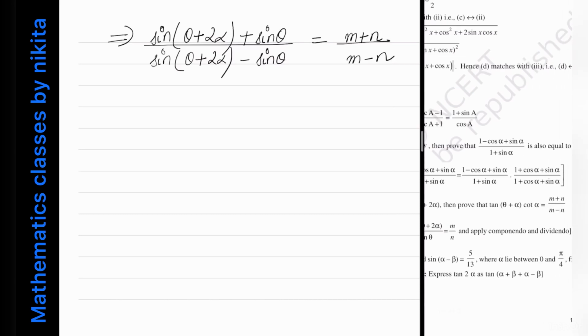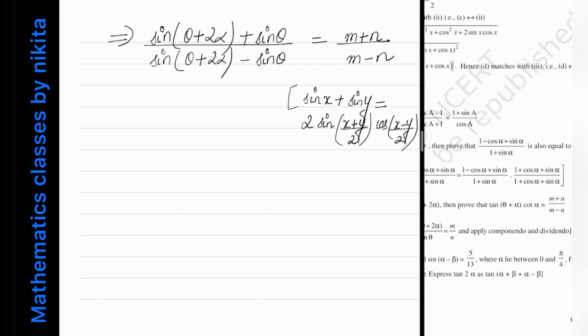Now in the numerator, you have an expression of the form sin x plus sin y, and this formula is equal to sin x plus sin y is equal to 2 sin of x plus y divided by 2 into cos of x minus y divided by 2.